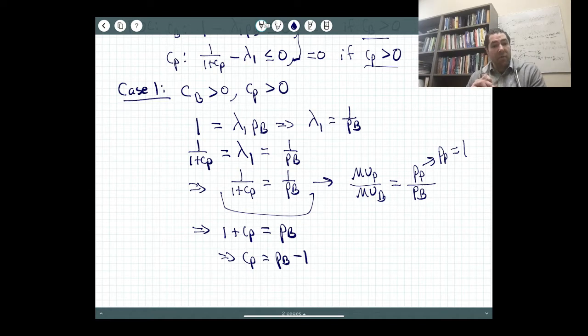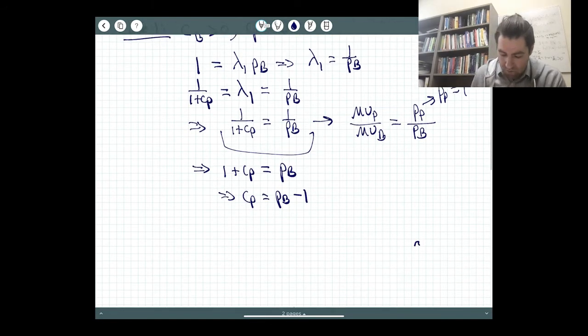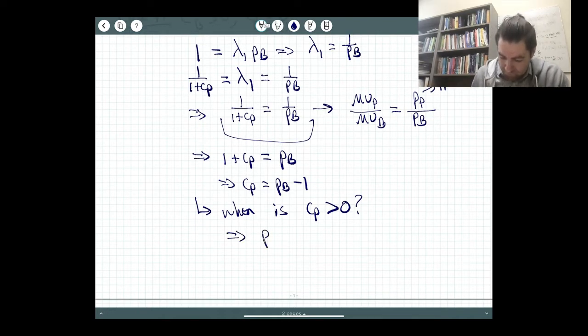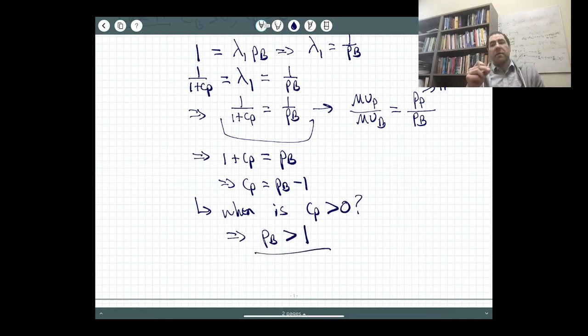All right, now we can already note, because this will help: when is this case going to be true? Well, when is CP positive? That was our assumption, and I need to make sure it's possible for that to be true in this case. Here we can see that it's absolutely possible, provided that PB is greater than 1. We have to get a feel for the rest of the problem, but there's some intuition there.